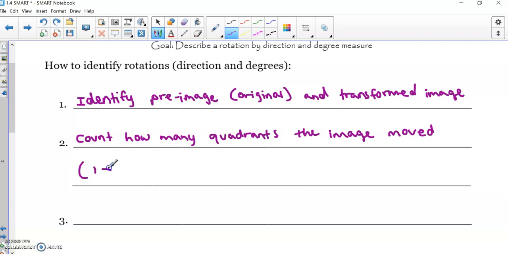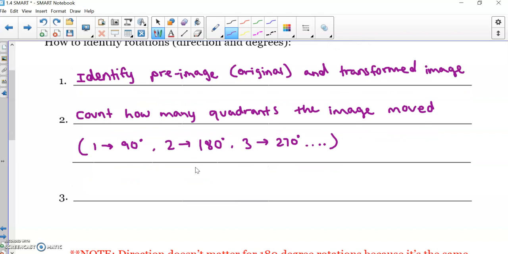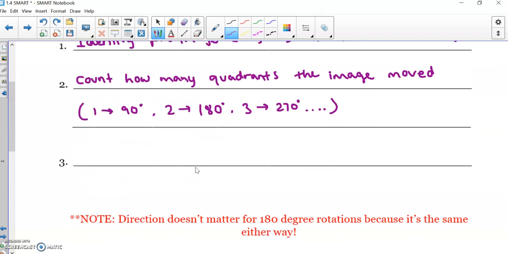One quadrant means that it was a 90-degree turn. Two quadrants means it was a 180-degree turn. If we were to keep going, 3 would be 270. It's all in increments of 90, and so forth. We're going to focus on the 90 and the 180, and you'll see exactly what I mean when we do an example.